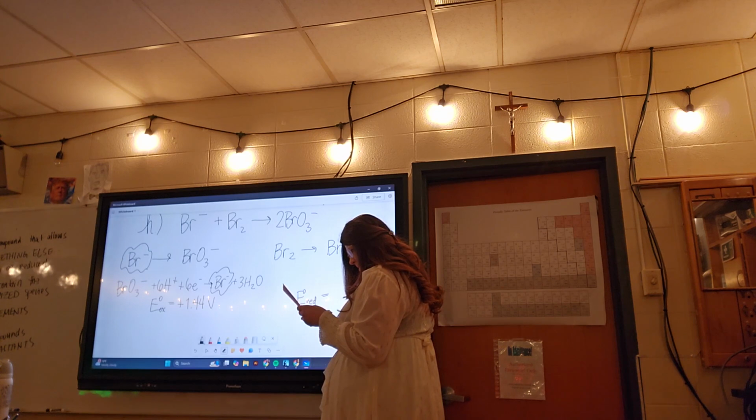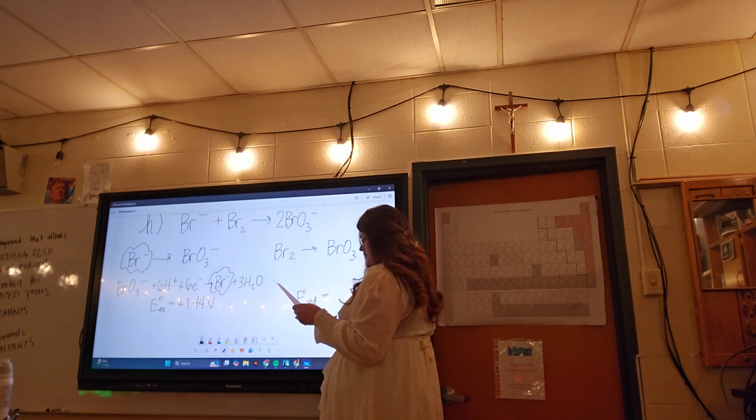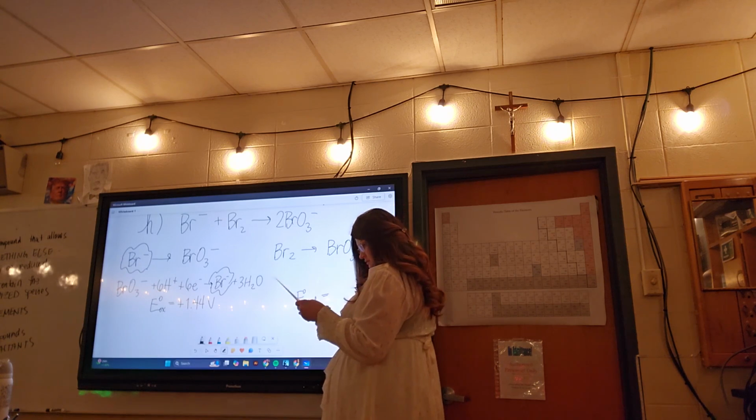Br sub 2 plus 2 electrons to 2 Br minus, would that work? Wait, say that again? It's Br sub 2 plus 2 electrons, reaction arrow to Br minus. Nope, that doesn't work because it has to be this.